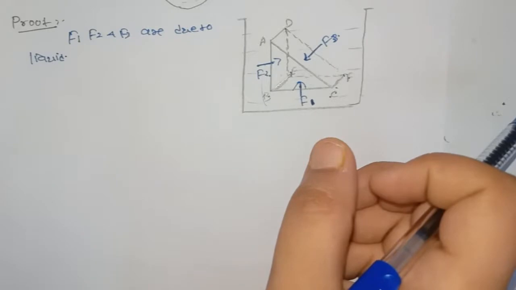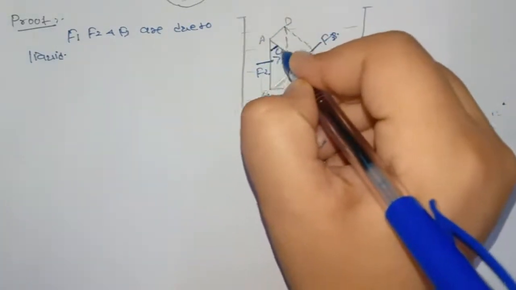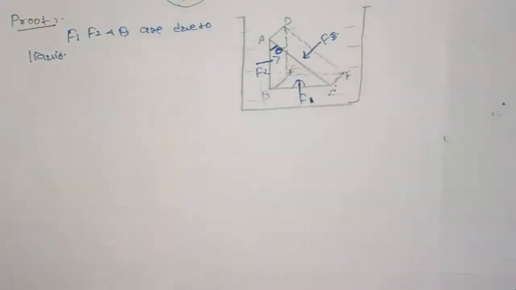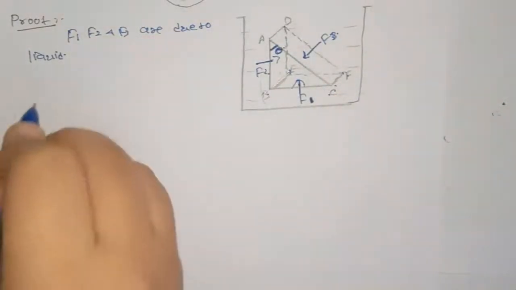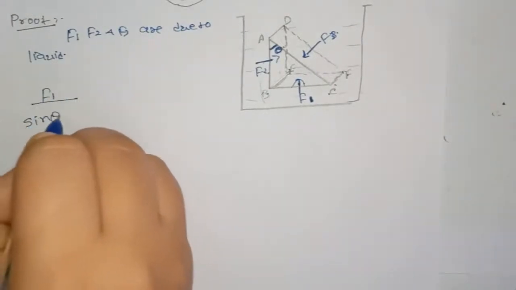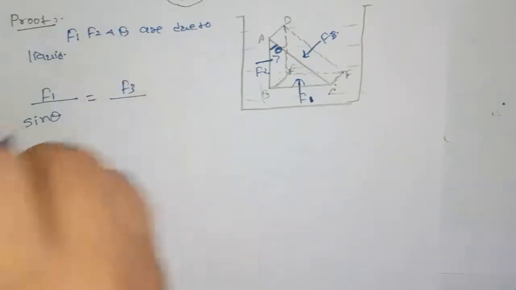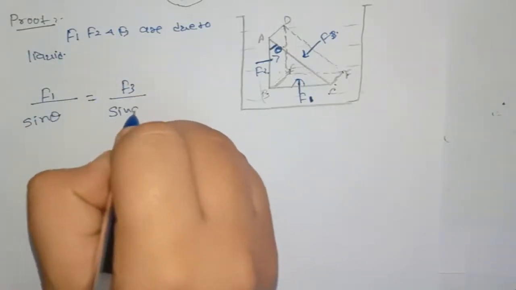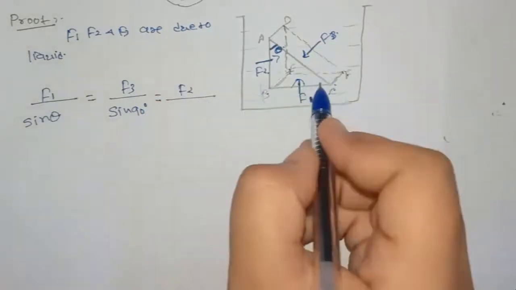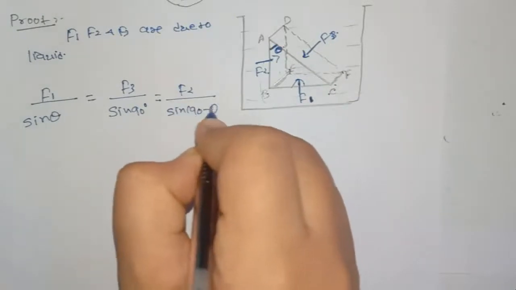Thus, applying the law of sines, let's say this angle is theta. So, if we apply the law of sines, we can write F1 upon sine theta is equals to F3 upon sine 90 is equals to F2 upon sine of 90 minus theta.